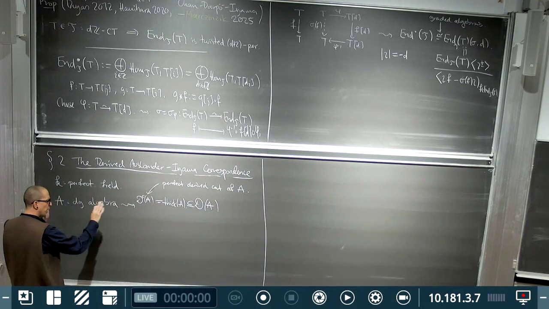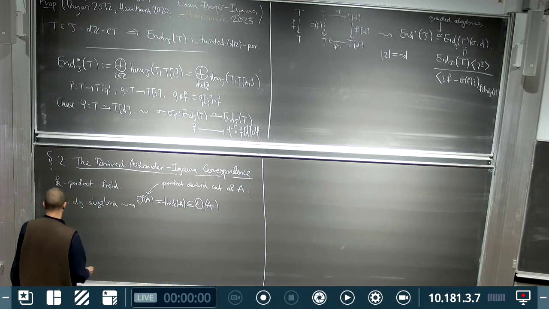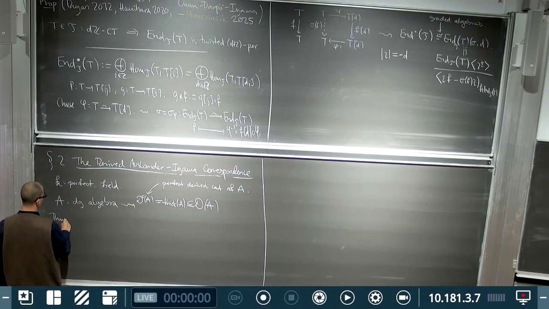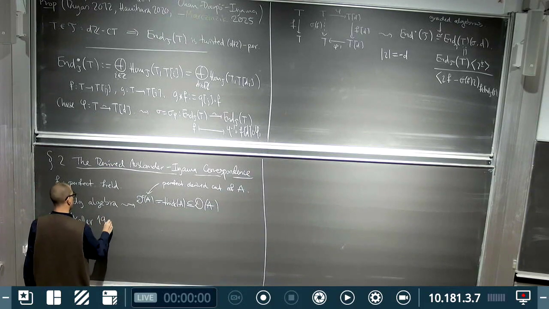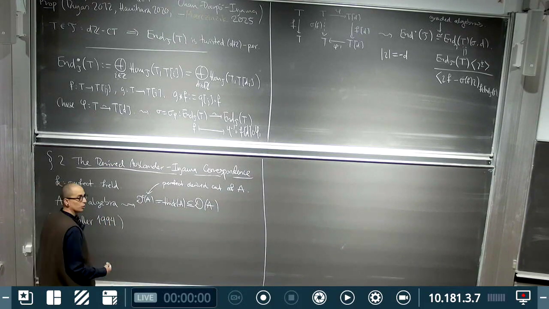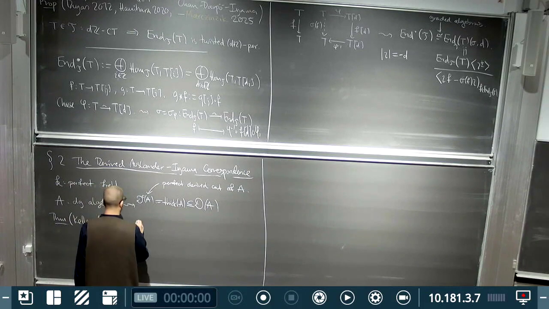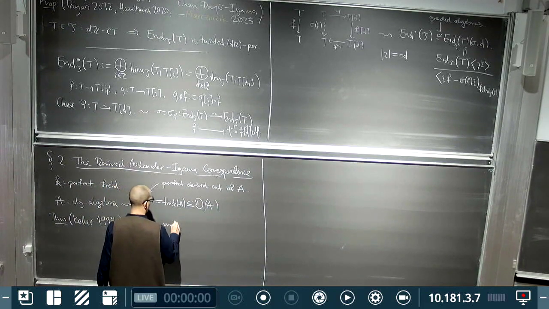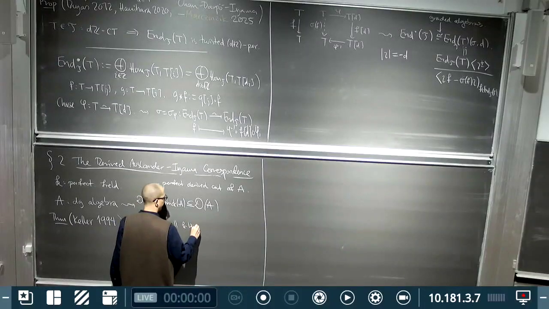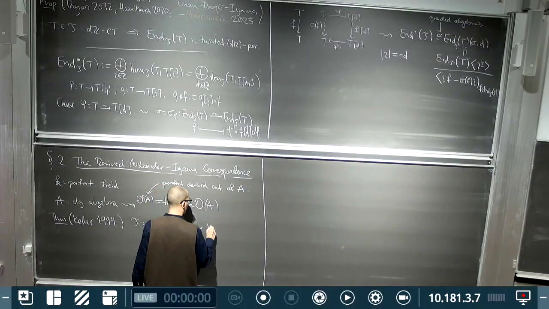Now, we will later put some homological finiteness assumptions, but I want to remind you of a simplified version of Keller's 1994 recognition theorem. So T is essentially small, K-linear, and idempotent complete.